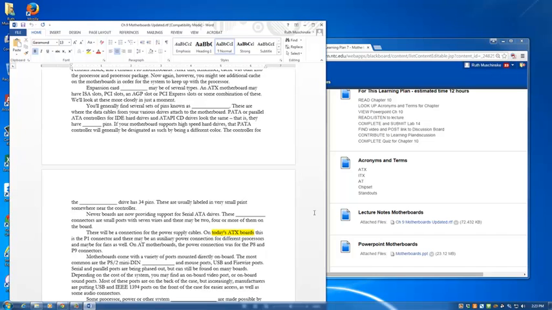Motherboards come with a variety of ports mounted directly on the board. The most common are the PS2 mini-DIN keyboard and mouse ports, USB, and FireWire ports. Serial and parallel ports are being phased out but can still be found on many boards.